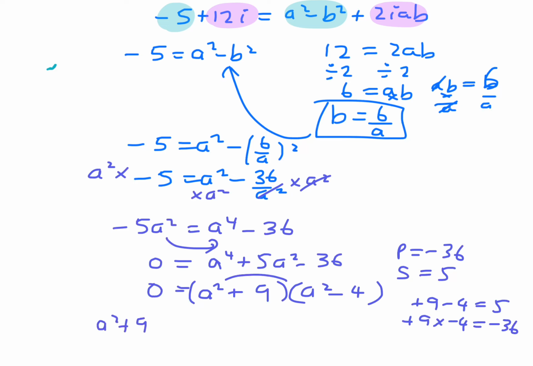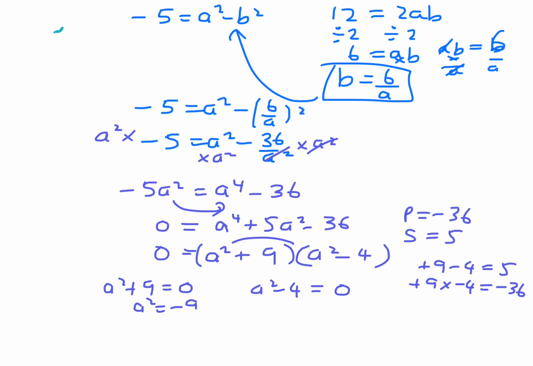So a squared plus 4 equals 0, a squared minus 9 equals 0. a squared is minus 4, but you can't square root the minus 4 because that will give you an imaginary number. a squared equals 9 and a is plus or minus 3.